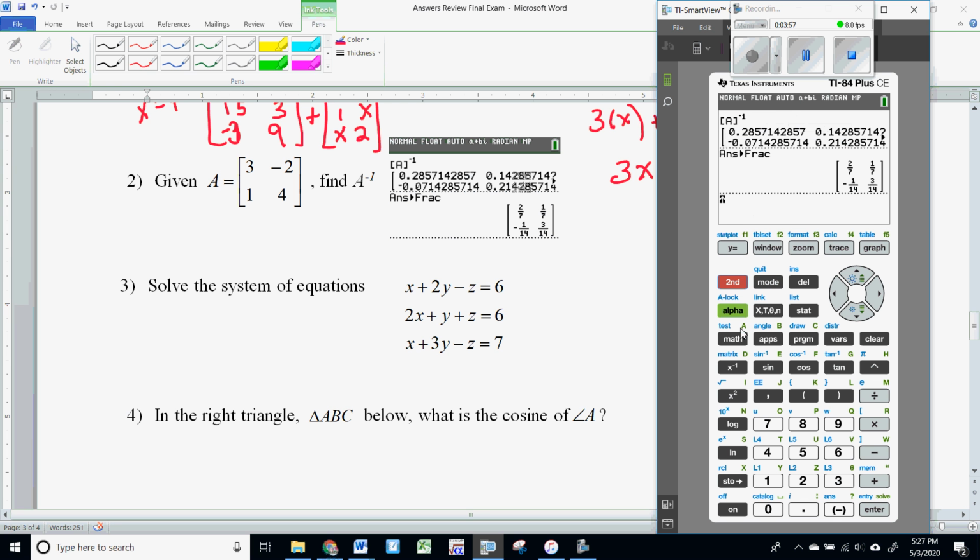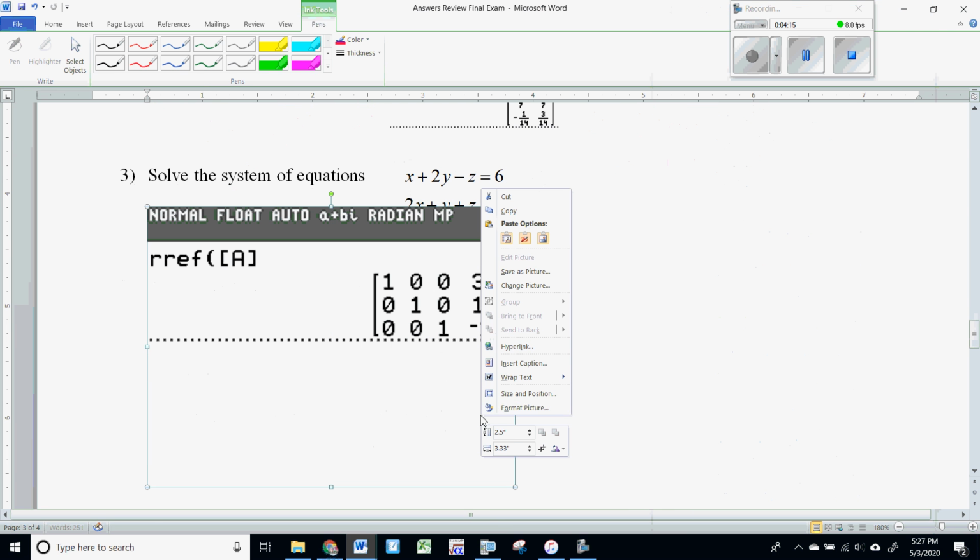And then if you remember, to find that, we go back to our matrix. We're going to go to matrix math, and we're going to scroll down to the RREF. So we do RREF of matrix A, and we hit enter, and that is what we get on our calculator that's going to tell us our answers.